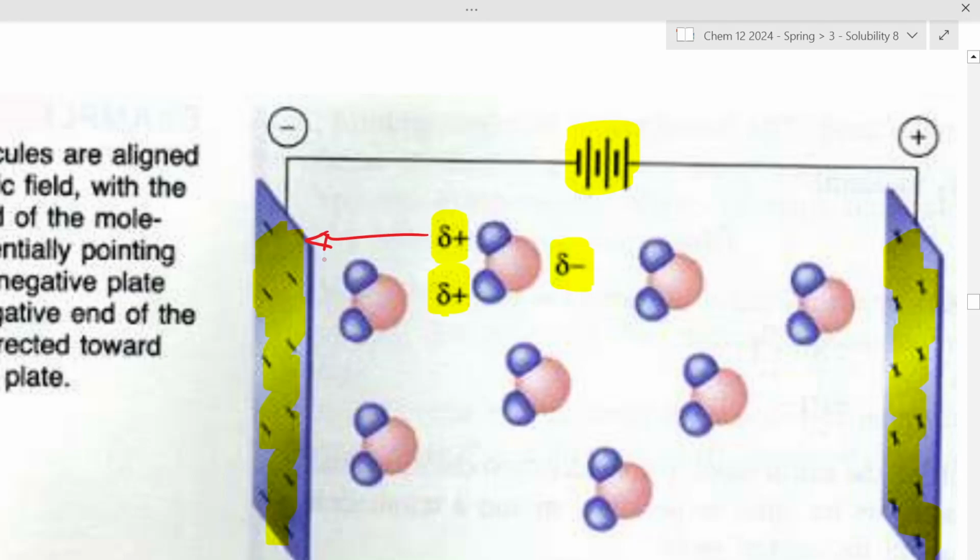But what's happening to the other half of the molecule? It's being pulled towards the positive plate. And if you take a particle and you pull on one side, but you also pull on the other side in the opposite direction, what does it do? Nothing. Okay? It will align itself like that. It won't be wandering around, at least not too much. It'll align itself, but it won't move.